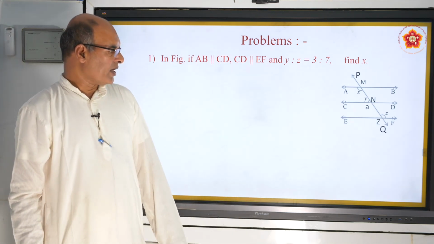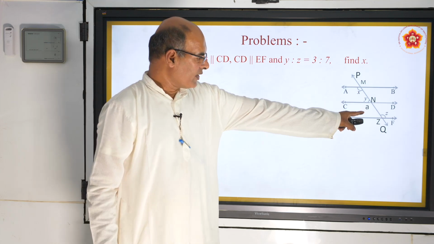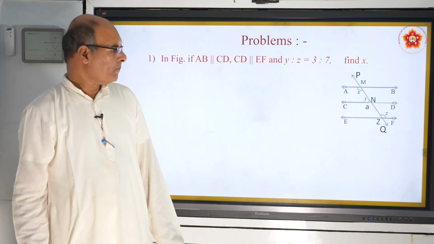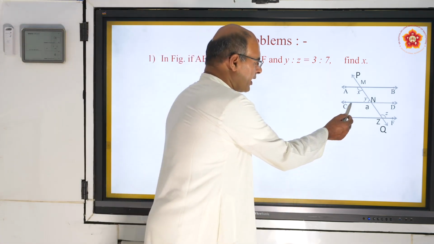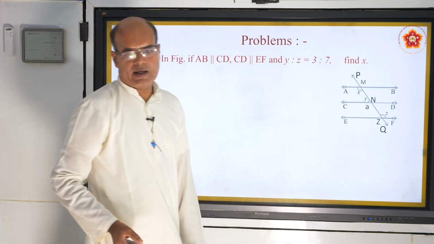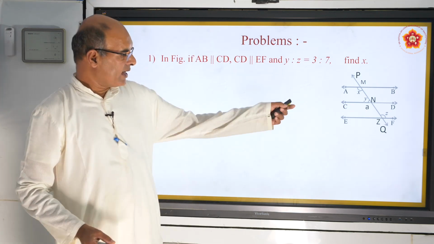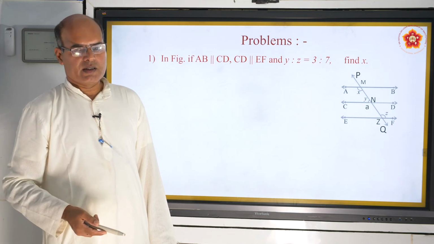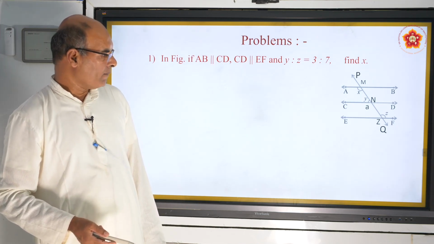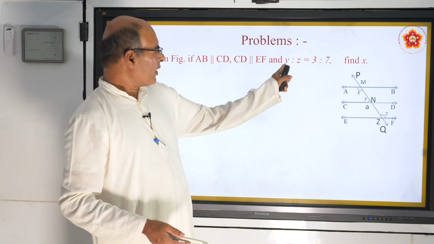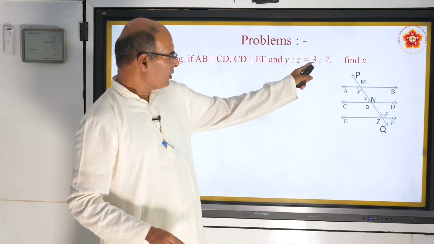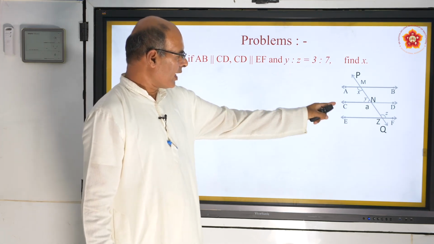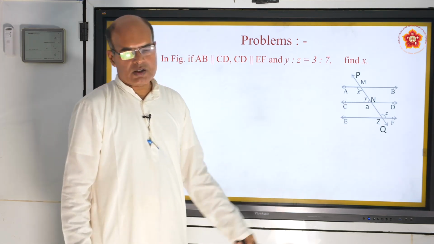Let the transversal be PQ and these points of intersection are M, N and point Z. And take this angle C and Q as A. So now A and Z are equal. They are alternate angles. Theorem 3.3. They are equal. So Y is to Z is equal to 3 is to 7. So in the place of Z we can write A. Now Y is to A is equal to 3 is to 7.